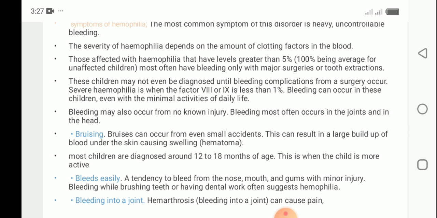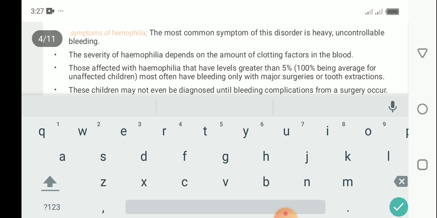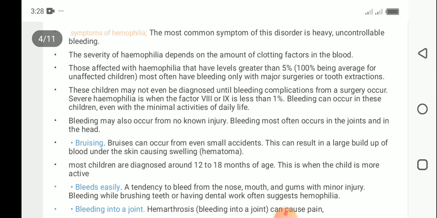Bruises can occur from even small accidents. This can result in a large buildup of blood under the skin causing swelling like hematomas. It forms hematomas even by injuries and accidents, small accidents.